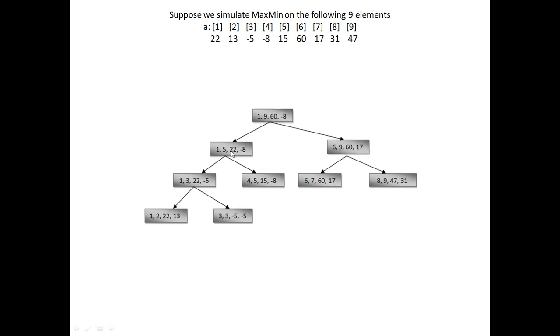So the big of the first half is compared with the big of the second half, 22 and 60. Which is bigger? 60. -8 and 17, which is smaller? -8 is smaller. So from the index values 1 to 9, the biggest value is 60 and the smallest value is -8. That is how we solve this one.